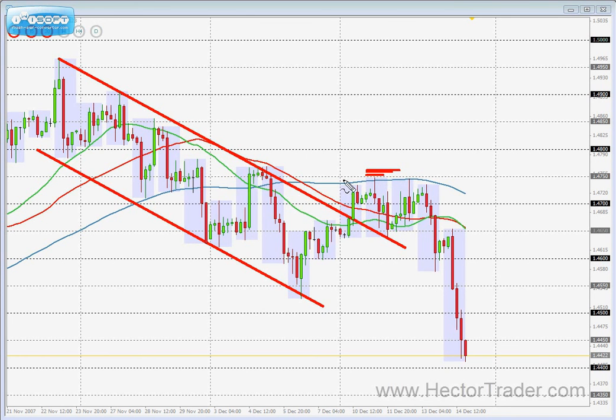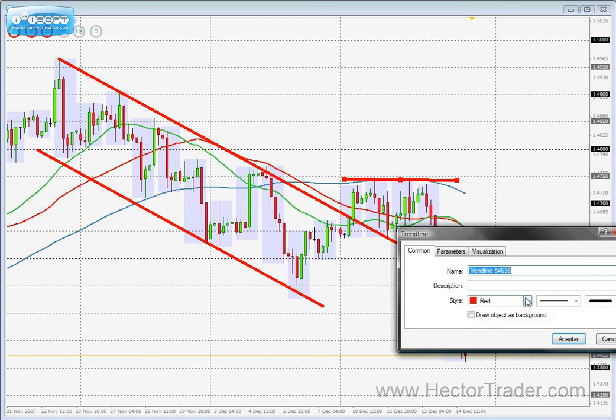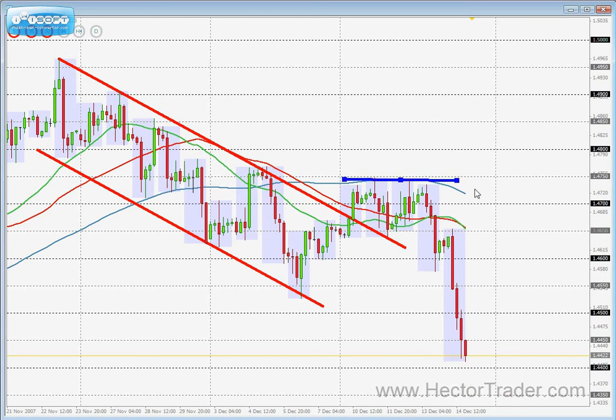But in fact, what price actually did, if we have a closer look, up on the breakout in the following days, price had basically been moving sideways. Let me mark that sideways price action in blue on my screen. There's the top of the sideways range.